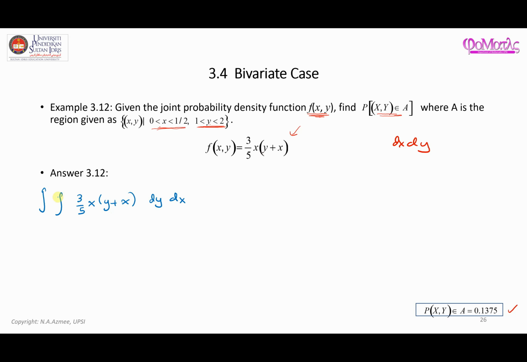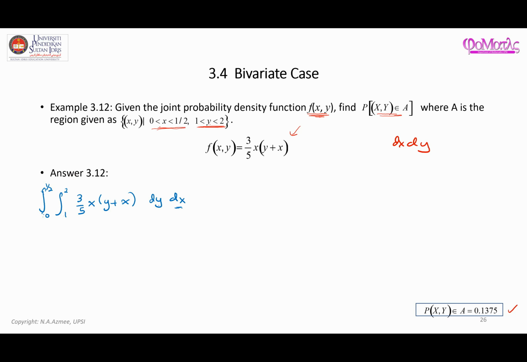Therefore, the inner limit must be related to y. For this one, y is between 1 and 2. This is the inner integral, and we're going to do that one first. After you have the result, you do it one more time with respect to x, so x is on the outside, and the limit associated with x is from 0 to 1 over 2.